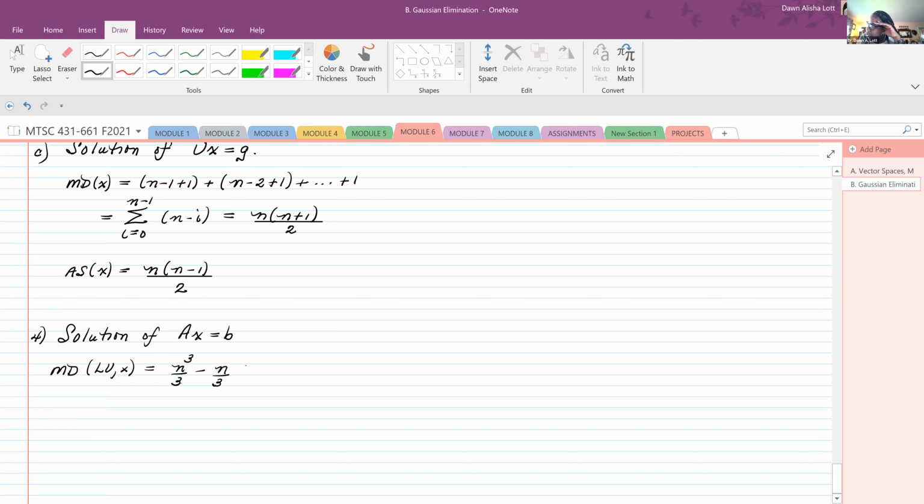For the second one, you have n squared over 2 minus n over 2. And for the third one, you have n squared over 2 plus n over 2. So this just turns out to be n cubed over 3 plus n squared minus n over 3, and that's approximately n cubed over 3.